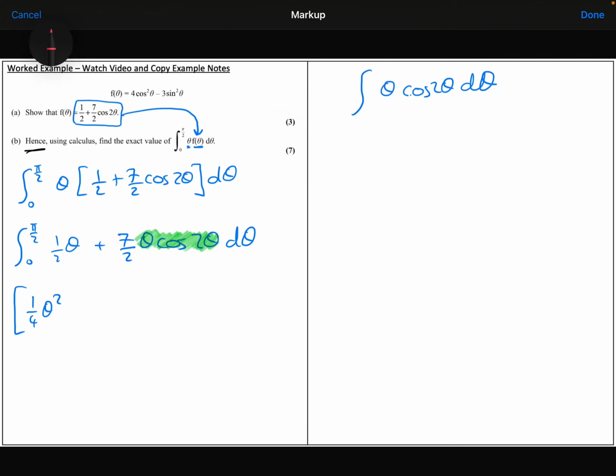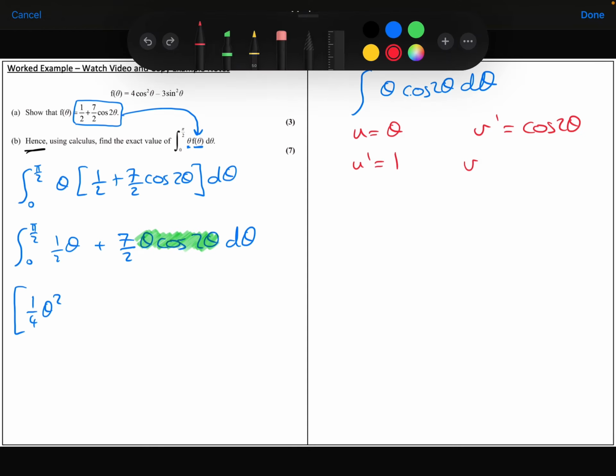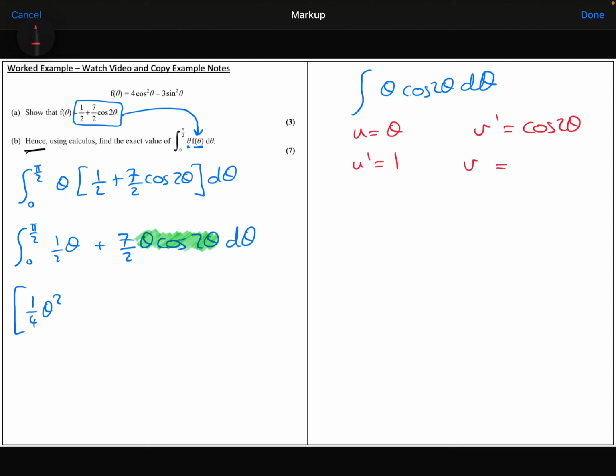So let's use integration by parts. I'm going to say u can be theta, v dash is going to be my cos 2 theta. So when I differentiate theta with respect to theta, I get 1. And then when I integrate my cos 2 theta, well, cos integrates to be sine, and then I have to remember to divide by 2 by the reverse chain rule.